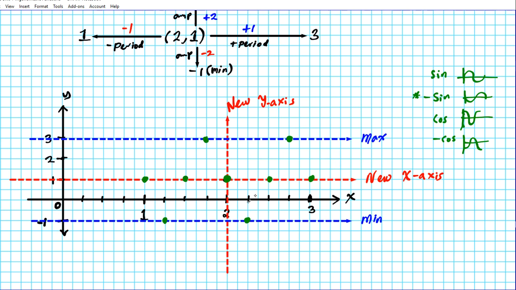Let's go ahead and connect the dots. So concave up to the center, and then concave down to the max, and then concave down and straight to the center, and concave up to the minimum and back to the center.